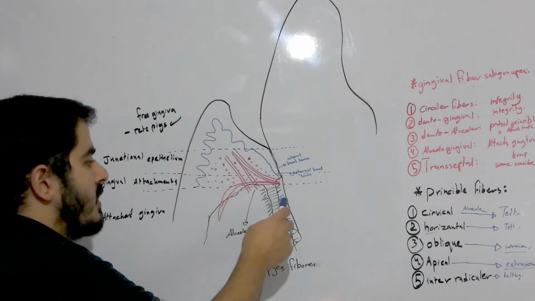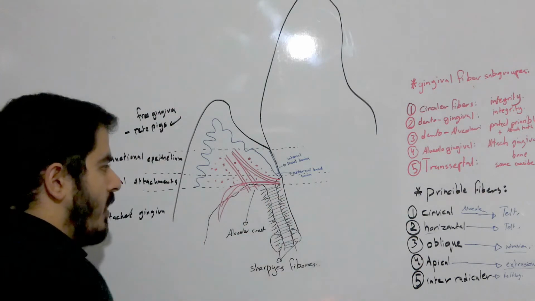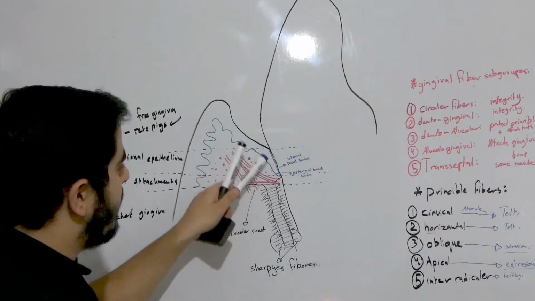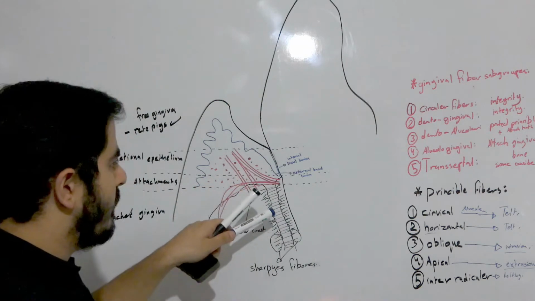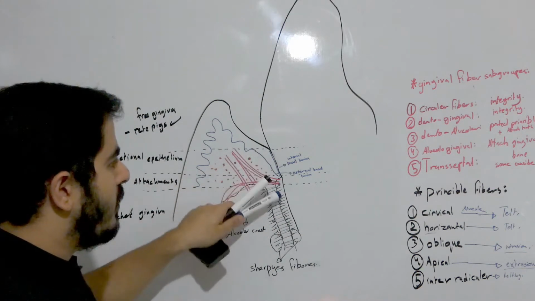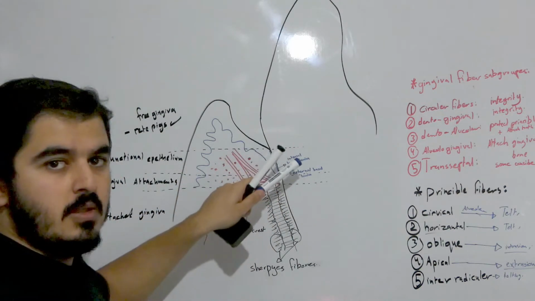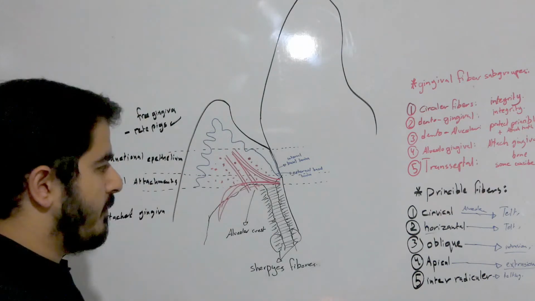This is how cementum, the tooth, and the bone are attached together. But in the junctional epithelium, the gingiva is attached to the surface of the tooth, but there are no Sharpey's fibers. There is no direct connection into the tooth. So what is happening here?